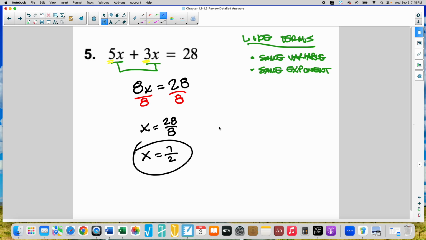Not necessary to convert. When we turn it into a mixed number or a decimal, that is called converting. Just need to simplify. However, you must simplify. That's what we did here: 28 eighths becomes 7 halves.